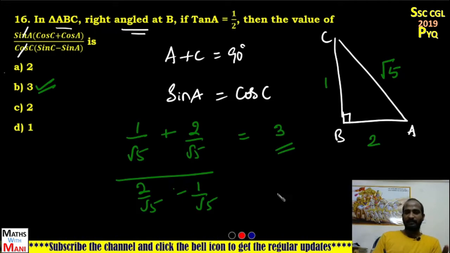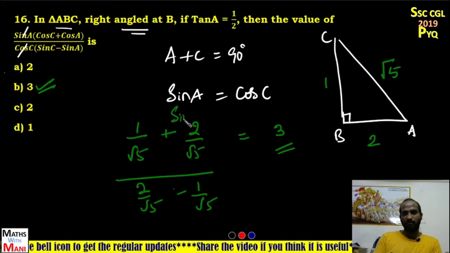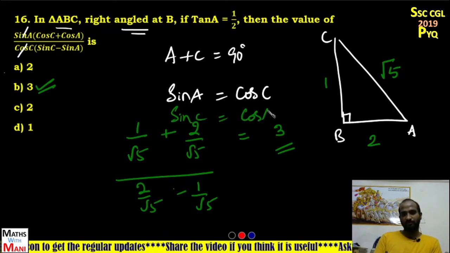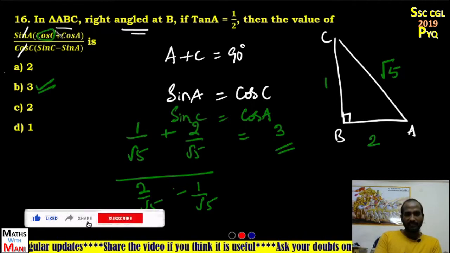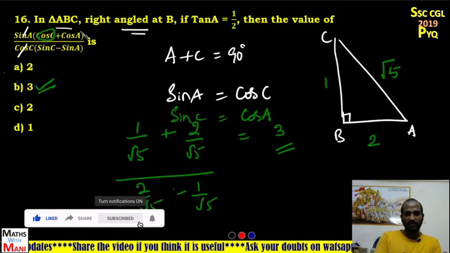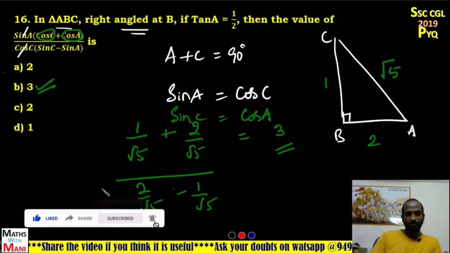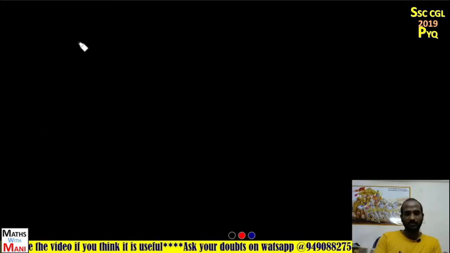The other method is using componendo dividendo. It is also simple. Here I can tell you sin A equal to cos C, or sin C equal to cos A. Yes or no? Yes. So in place of cos C I can write sin A, and in place of cos A I can write sin C. So sin A cos C cancel.